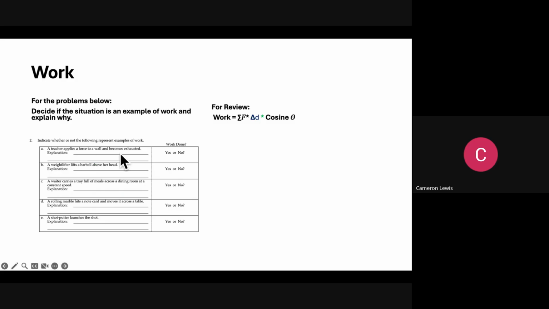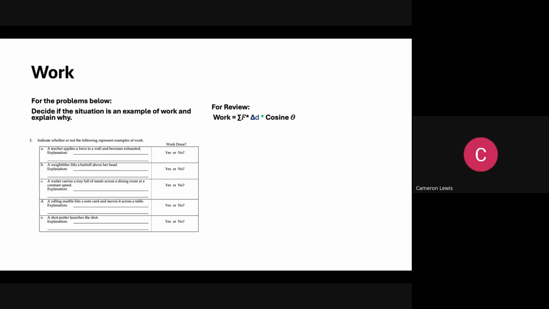Now the second one, I have a weightlifter who lifts a barbell over their head. The barbell is the object. It takes some force to put that barbell above your head, so you move it, and that's the force, lifting up the weight of the barbell over your head.